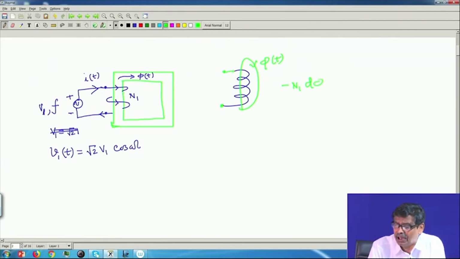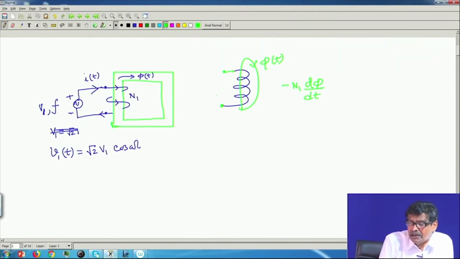d phi dt. About that sign, it is not so important, but this is the induced voltage. The flux linking the coil is changing with time, and therefore there will be an induced voltage across this coil. In this case, this flux is created by the current carried by the coil itself, but it does not matter.